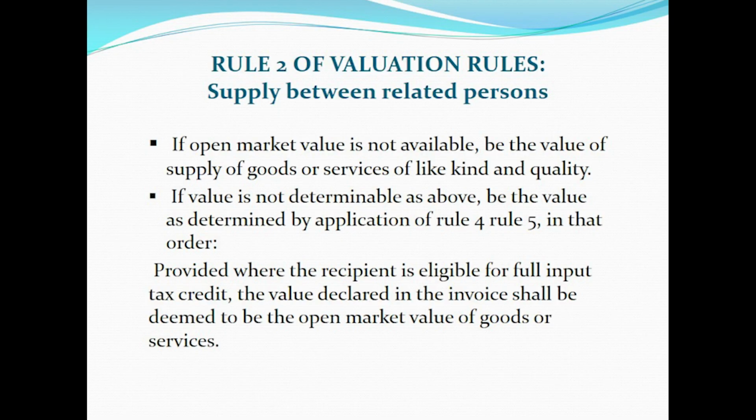Second option: suppose the open market value is not available, then the value of the supply of the goods and services will depend on the kind and quality of that product. And the third option is, if the value is not determined as per the kind and quality, then rules 4 and 5 will apply.